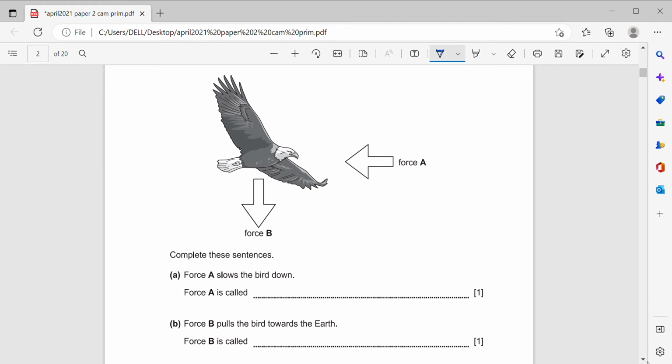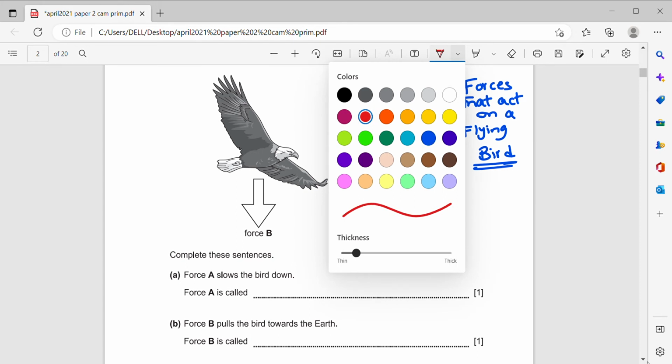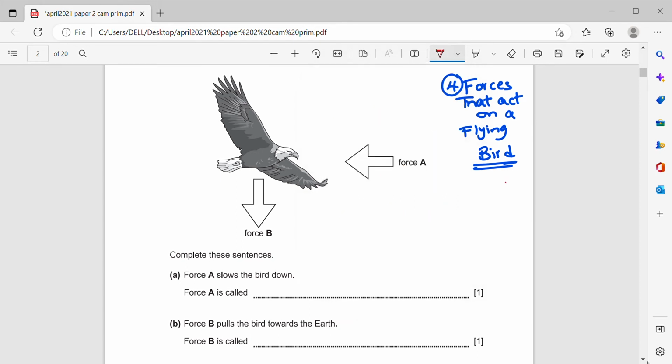Okay, before we solve the question, let's review the forces that act on a flying bird. We have 4 forces that act on a flying bird. What are these forces?